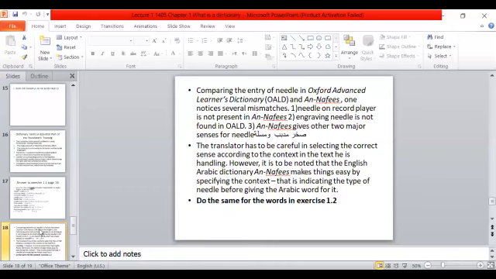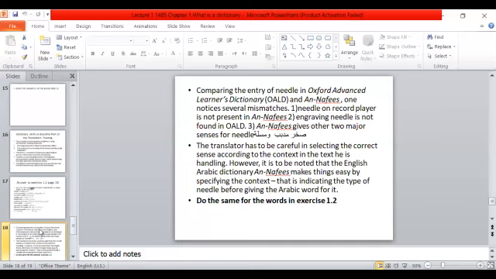However, it is to be noted that the English-Arabic dictionary Nafis makes things easy by specifying the context. بيحدد السياق وهو بيدي المعنى. يعني بيقول إبرة البوصلة، فبيحدد السياق. That is indicating the type of needle before giving the Arabic word for it.